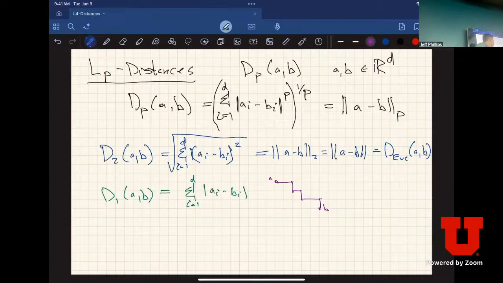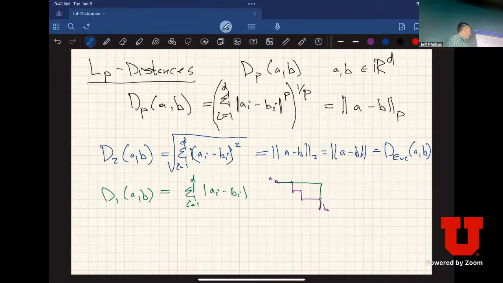So I don't want to go down here and over and back up. That would be longer, but any choice inside of this rectangle that's always making progress will give me the same distance, right? So it's the same as if I go here. That's the distance in the first coordinate and the difference in the second coordinate. I'm just adding those up.